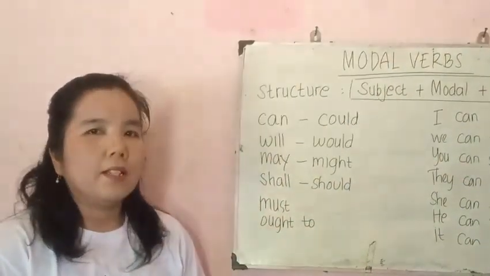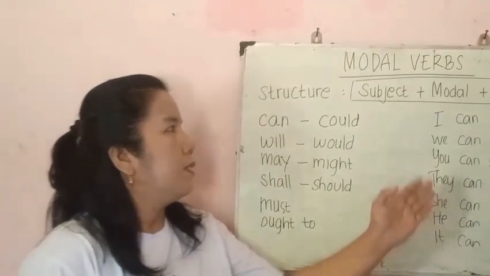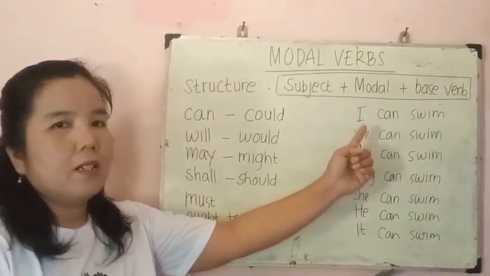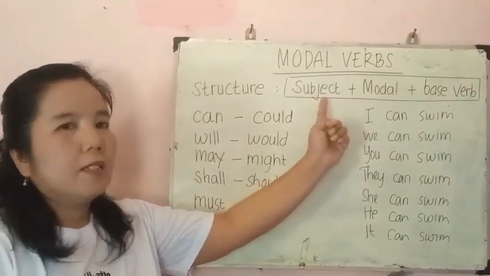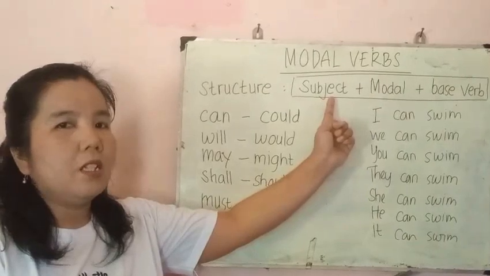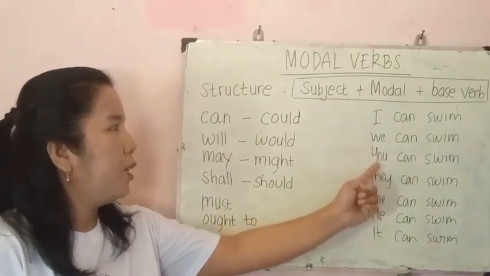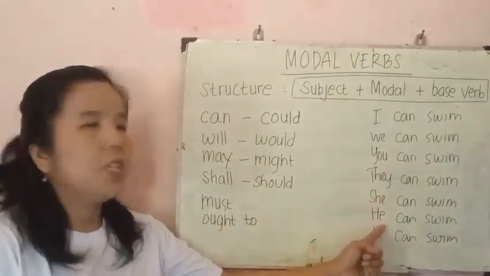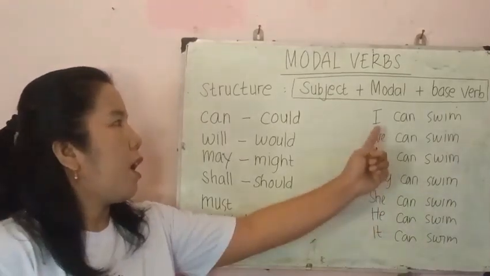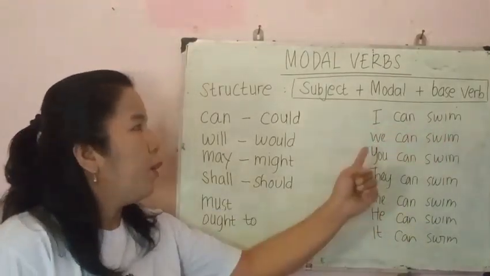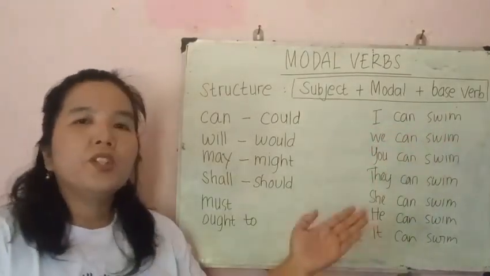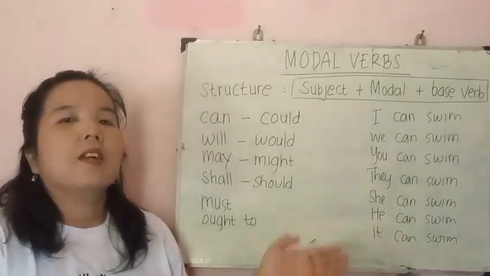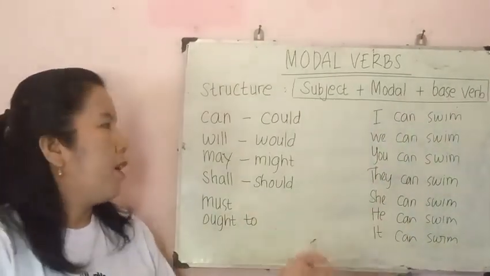For example, in sentences, the first is subject. The subjects in English are I, we, you, they, she, he, it. I can swim. We can swim. You can swim. They can swim.